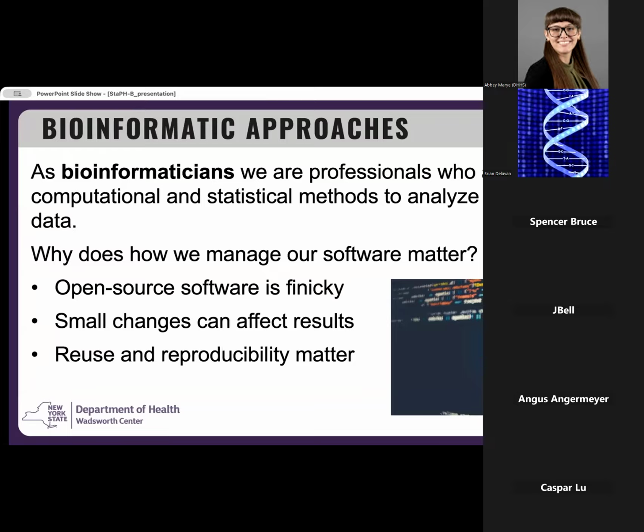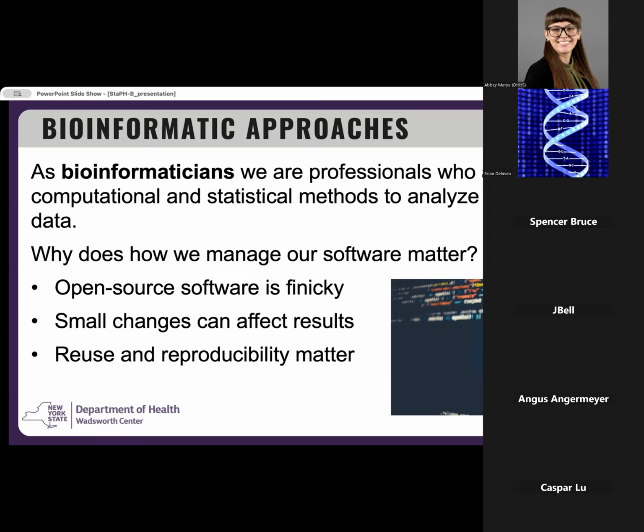I think many of us working in bioinformatics in public health come from the academic world, and that academic world is more PI based. So when we were in graduate school or undergrad, or when we were postdocs, we probably did a lot of bioinformatic work that was also one off.